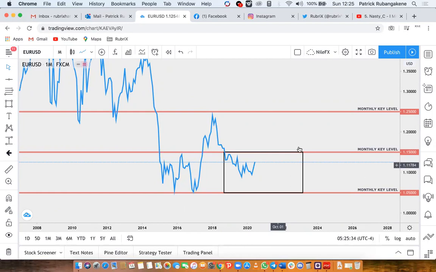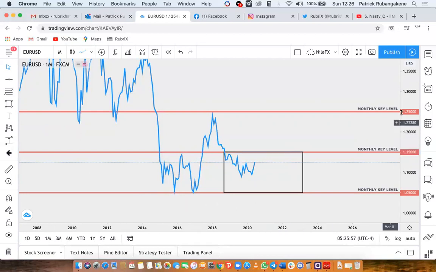It's important to understand that when you divide two monthly key levels, you're going to come out with a weekly level. So how do I divide two monthly key levels so that I come up with a weekly level?